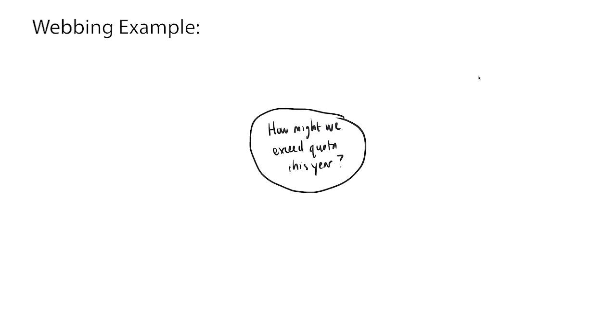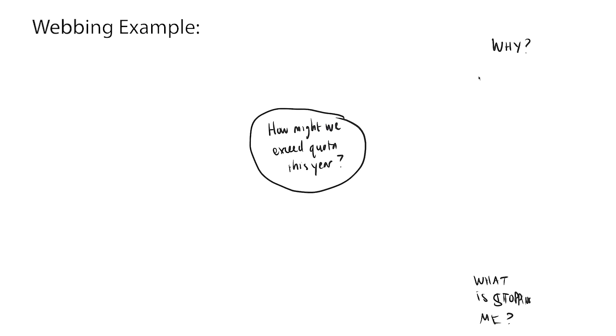Okay, so let's say your vision is that you will all exceed quota by the end of the year. Pretty straightforward vision. The first thing you want to do is turn that vision into a question. So we might write something like this. Then from here, remember, above, you're going to be asking, why is this important? And below, you're going to be asking, what is stopping me from doing this?